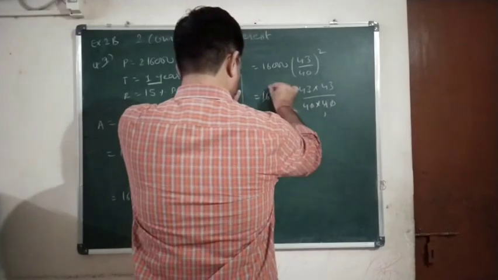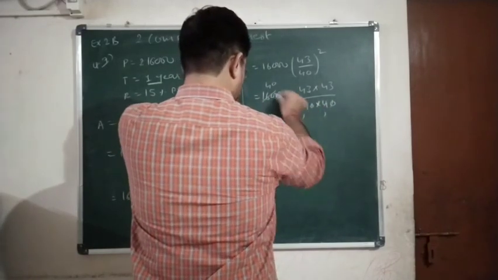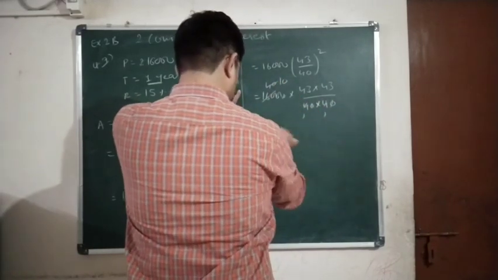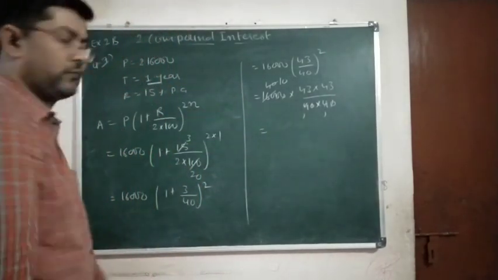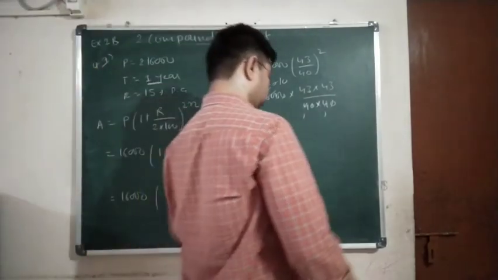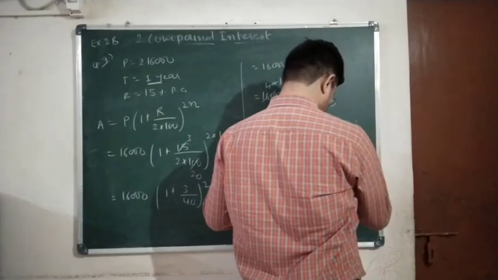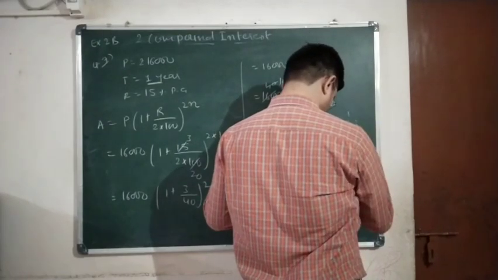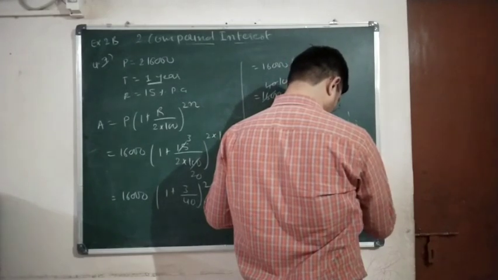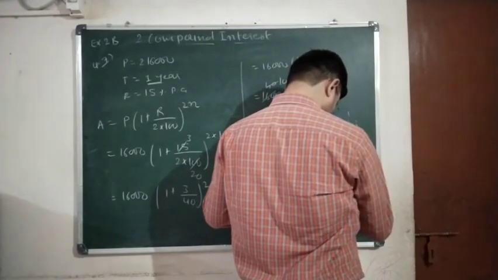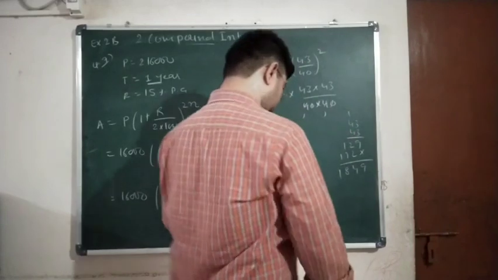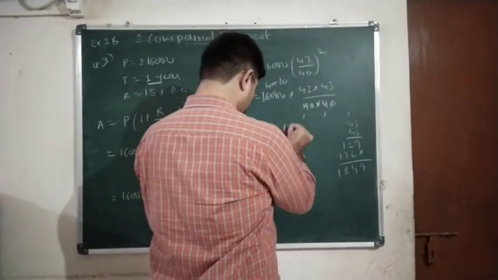Okay, 4 40s are 160 and 4 10s are 40. So now 43 into 43, then into 10. 18490.